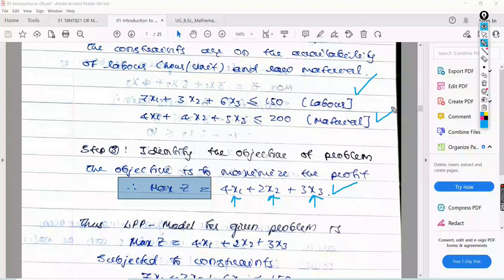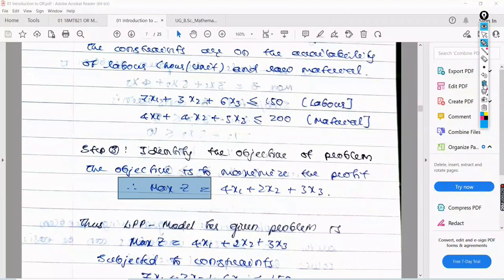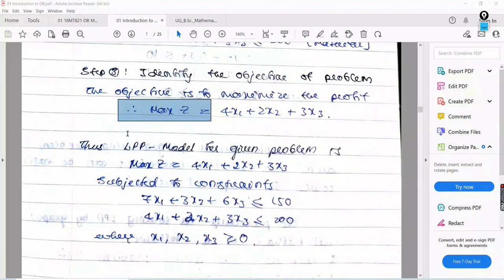Okay, this is your third step. Copy this. Then for this, you have to write the LPP model. Thus the LPP model for the given problem is, what is that model you have to do?